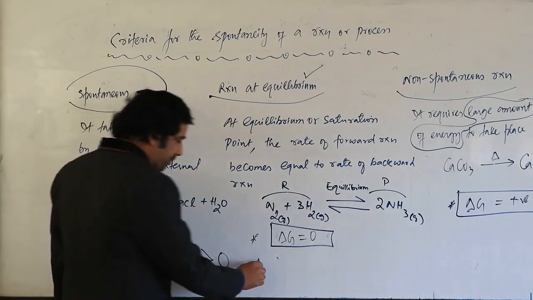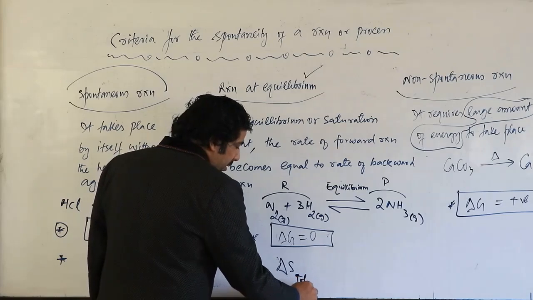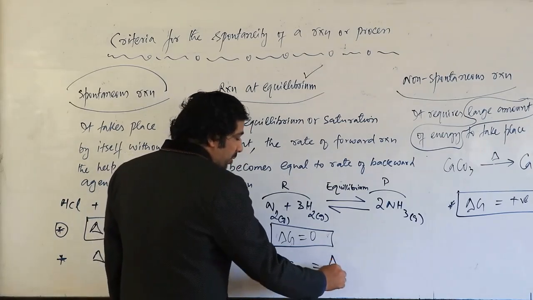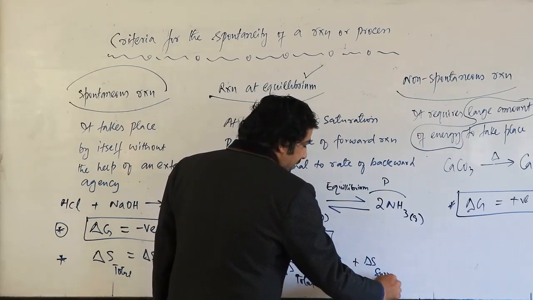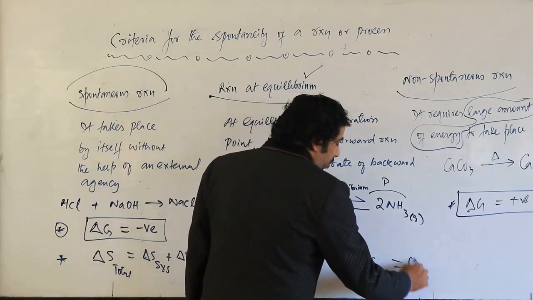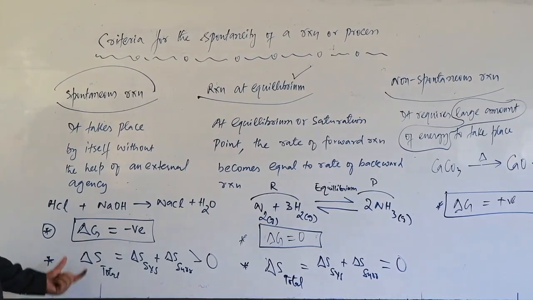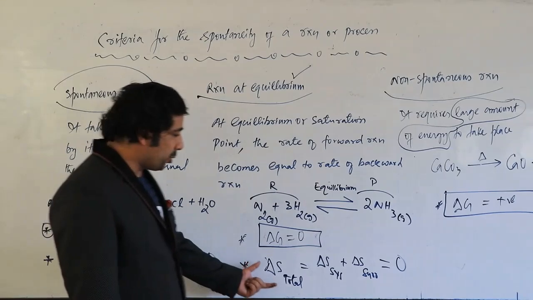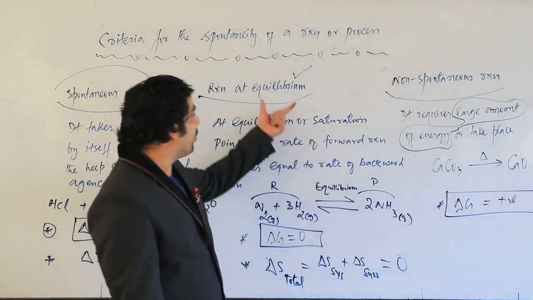Let's come here. So delta S total is equal to delta S system plus delta S surroundings. It will be equal to 0, my dear friends. Here it is greater than 0 for a spontaneous process. But here delta S total is equal to 0 for a process at equilibrium.